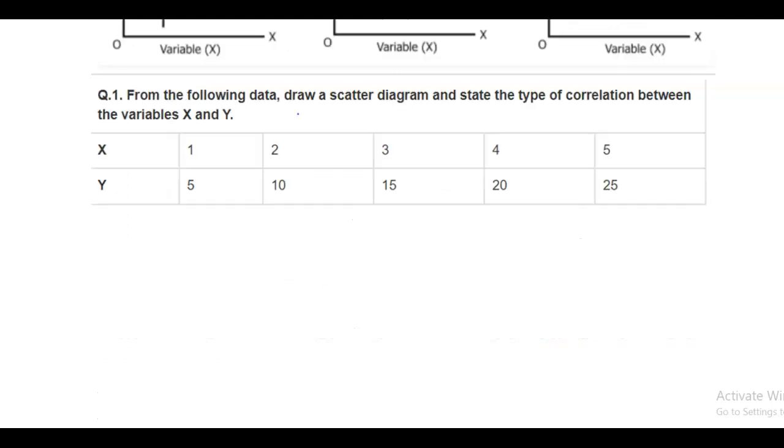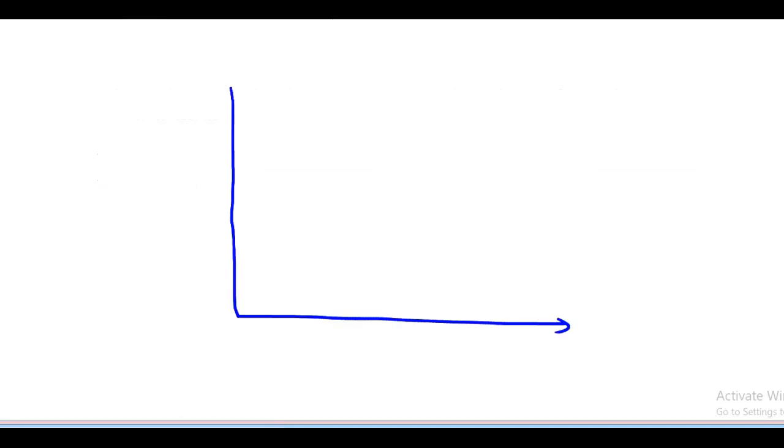Next we will come to some problems. We are given some problems, that is, the values of the variables x and y. We have to find the correlation by using the scatter diagram method, right? The x values are given as 1, 2, 3, 4, 5, and y values are given as 5, 10, 15, 20 and 25. Okay, for this data now we have to plot the scatter diagram. First we will draw the x axis and y axis.